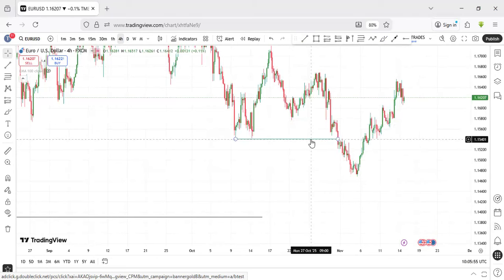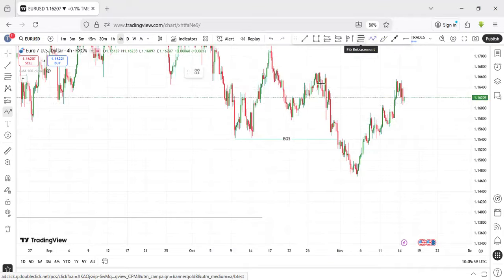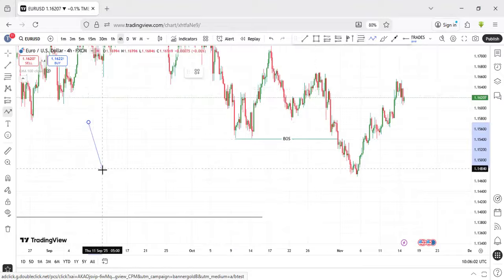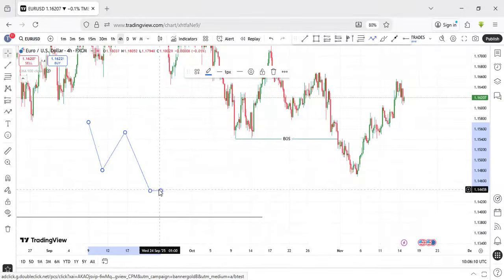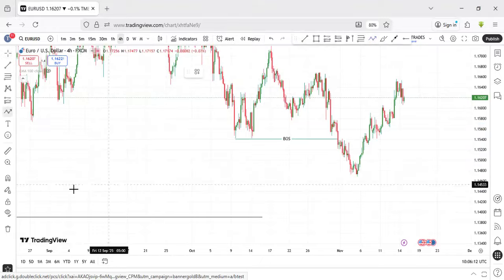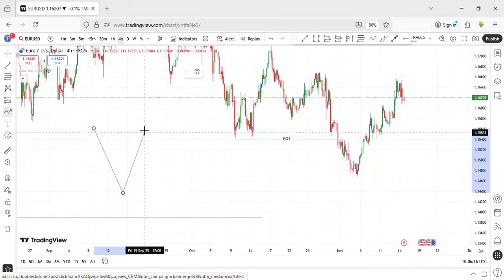Why? Because after every break of structure, if you're on this channel for the first time, the market always goes to take out all the liquidity created during this down move. For example, let's assume that we have this and the market pulled back.